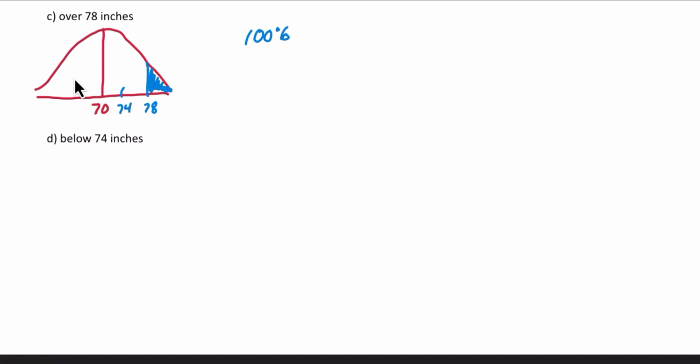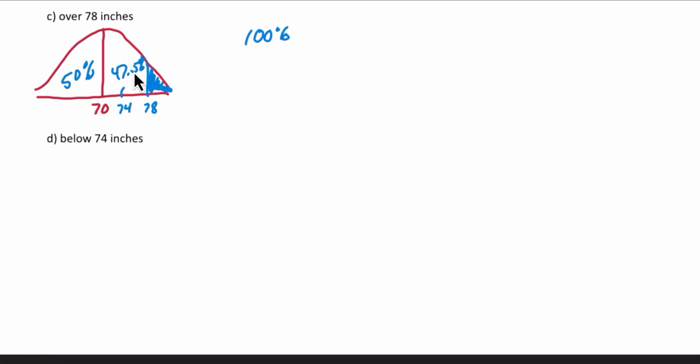We know that the left half has to be 50% of the data. So looking in this region alone, we have 50%. And we know that this is 2 standard deviations away from the mean. We found earlier that that is 47.5%.